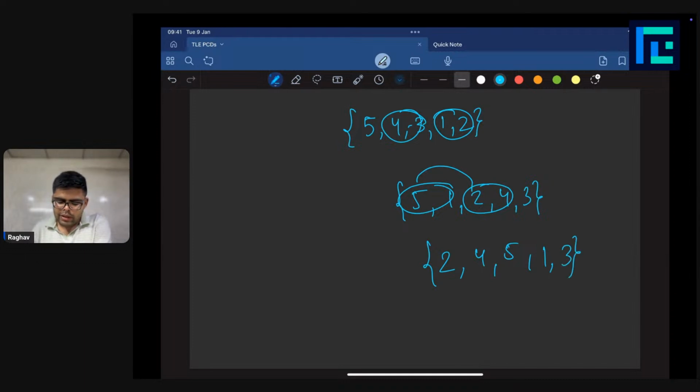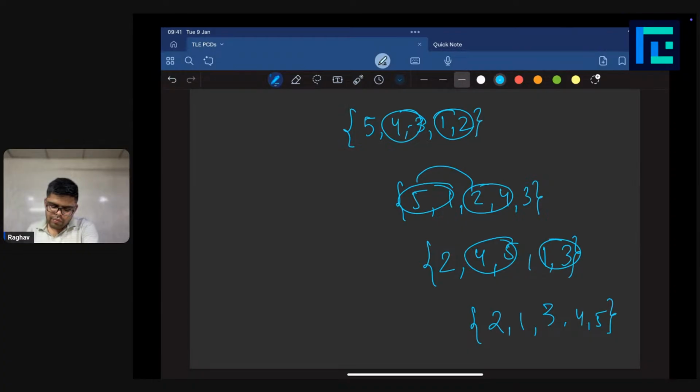So the array will look like this. Two is at the front. Now you want to bring one at the best position where it can come. So swap like this. You will have your array 1 2 5 3 4. Now for these last three elements, you can't do anything, even if you want, really nothing.